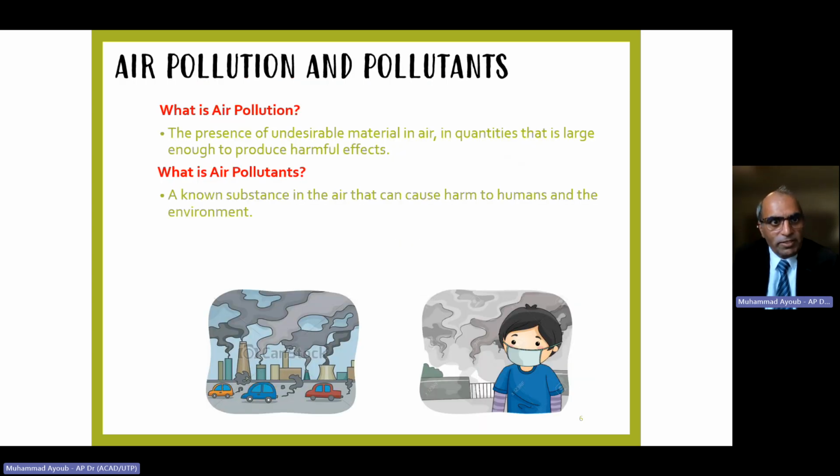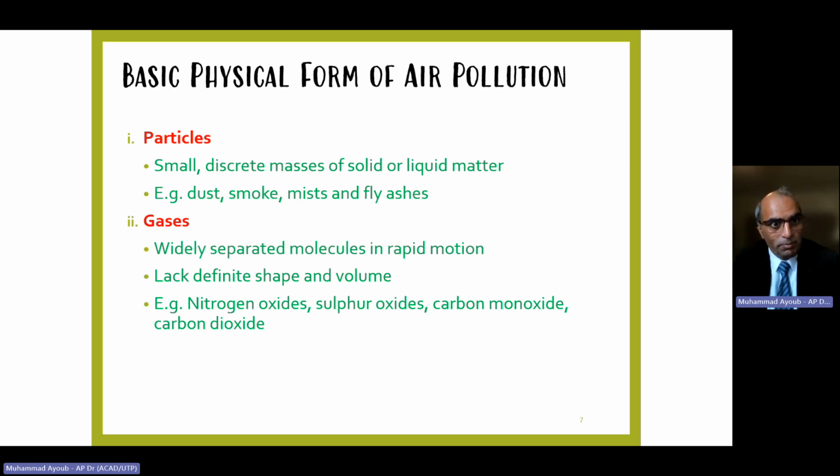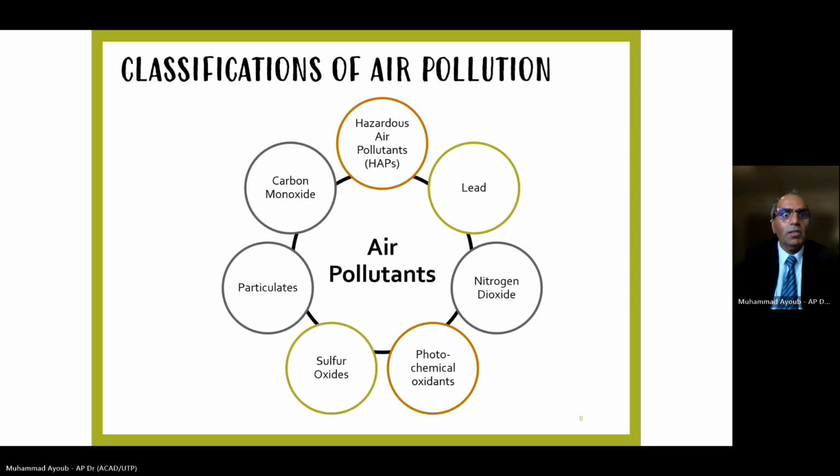Okay, so first we will see what types of air pollutants there are. We know very well what air pollution is and what pollutants are. We understand that pollutants are in the form of particles and gases. In classification, if we take pollutants as particle or gaseous, then on the gaseous side we have different types of gases, like nitrogen oxide, carbon monoxide, lead, sulfur oxide, and some other components called hazardous air pollutants, that is, HAPs.